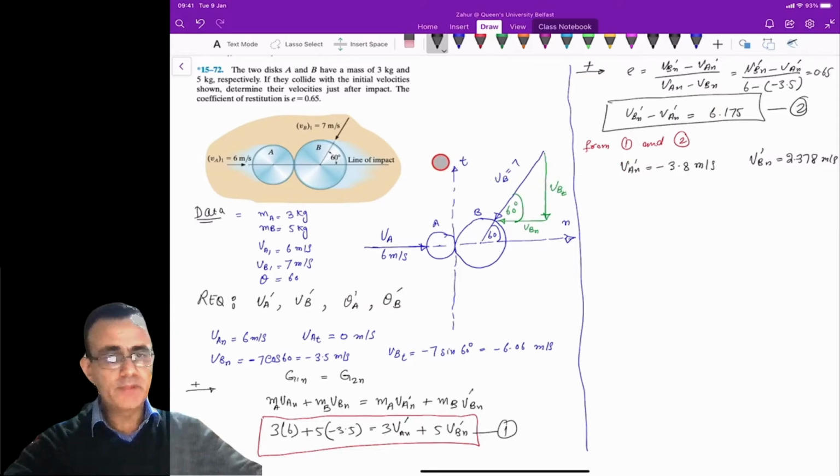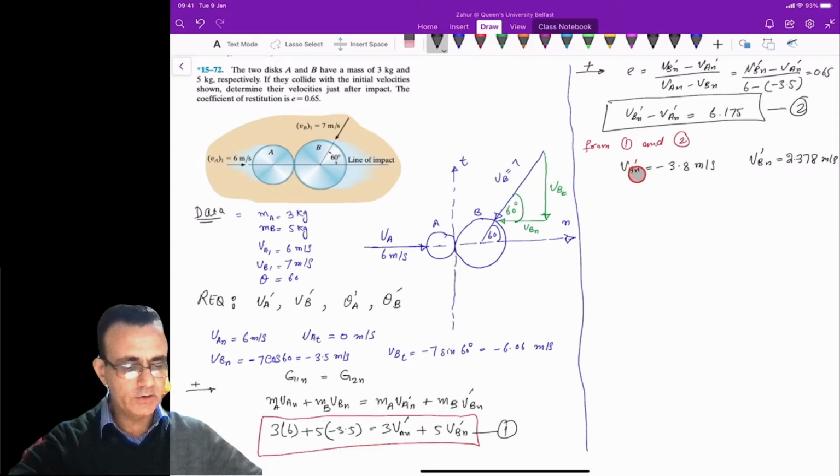Okay, now we managed to calculate VAn' and VBn', but we also need to calculate the tangential component of the velocities. So if we consider the tangential component, we know that for oblique impact there is no force in the t direction. So for each disk, the momentum will be conserved in the t direction.